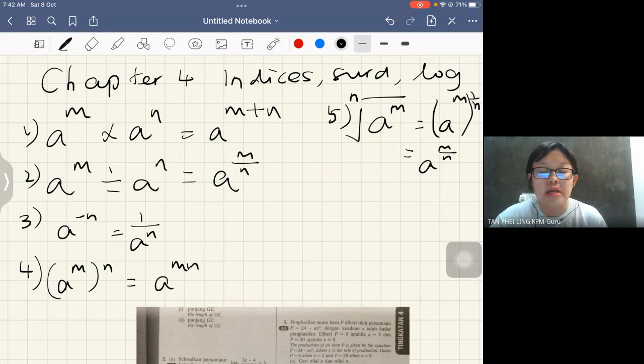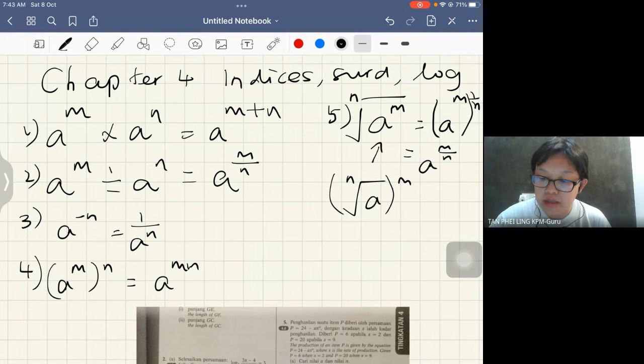Is it all right? This is the same as the n root of a power m. These two are the same. I think so far I can only think of these 5: 1, 2, 3, 4, 5. These are the 5 rules that are useful.